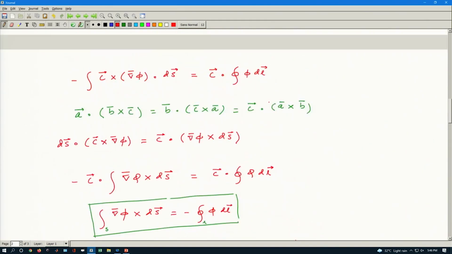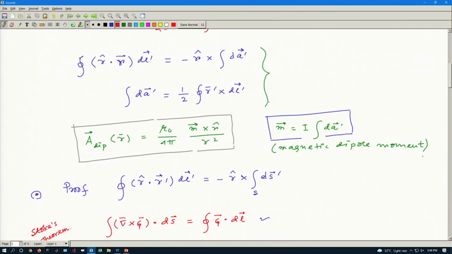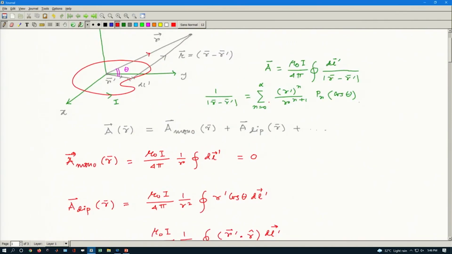When I expanded the value of A today, I wrote it at the very beginning in terms of the line current, exploiting the expression of the line current, I started my calculation.